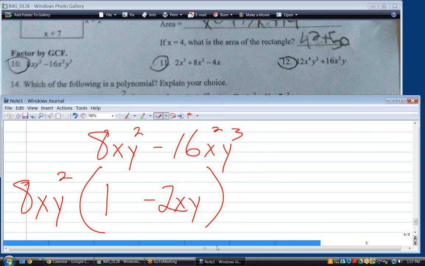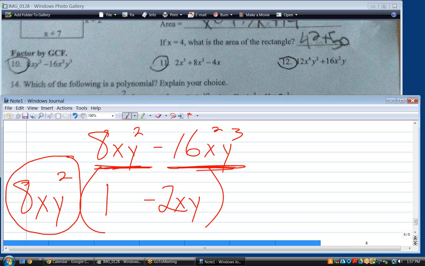Notice that when I first did it, I left out the x, because I forgot to divide this thing by x, which results in an x. In other words, when you're finding a greatest common factor, what you're doing is taking this greatest common factor and dividing it into that term and that term.